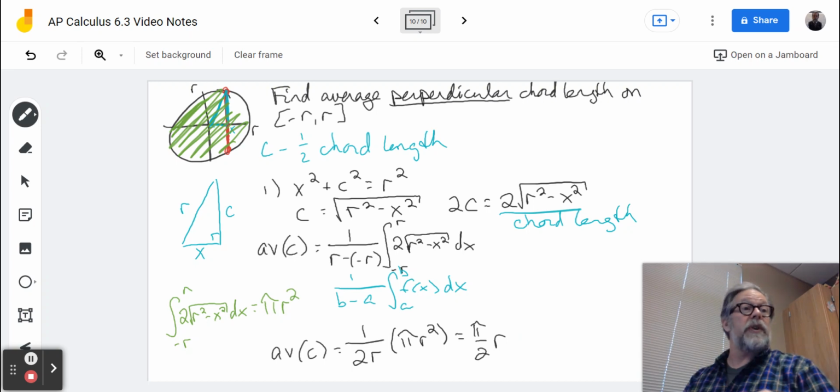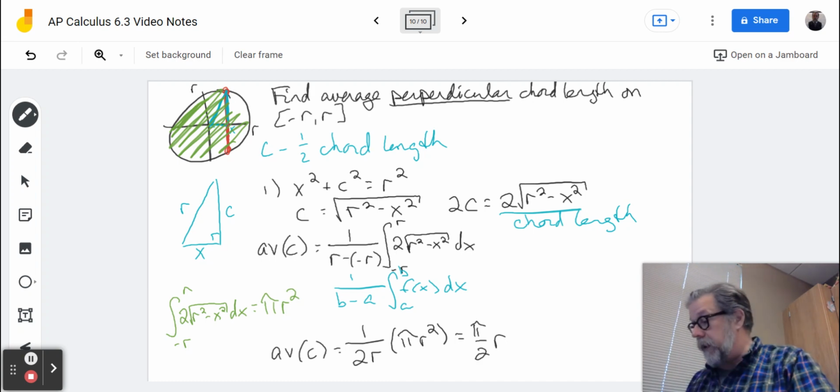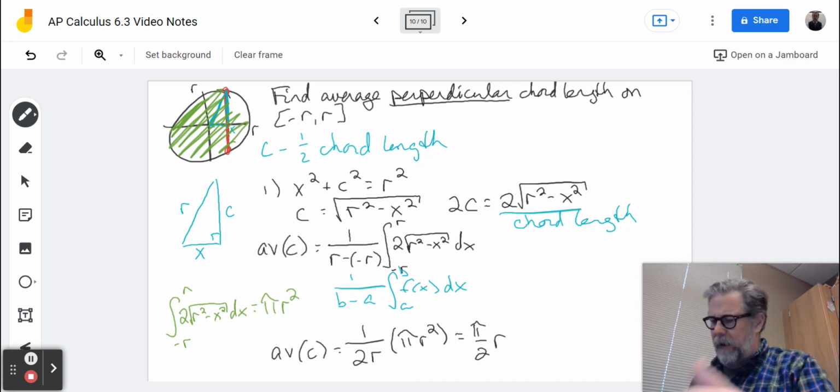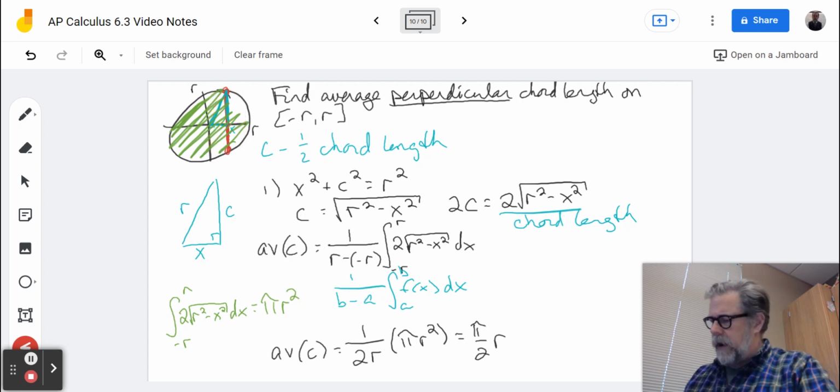And then the question is, does this actually fall inside the circle? Well, the chord length, that's a more complicated calculation than I really feel like doing. The length of the chord is pi over 2r, so we're talking about the length of this chord right here. Where does it occur?